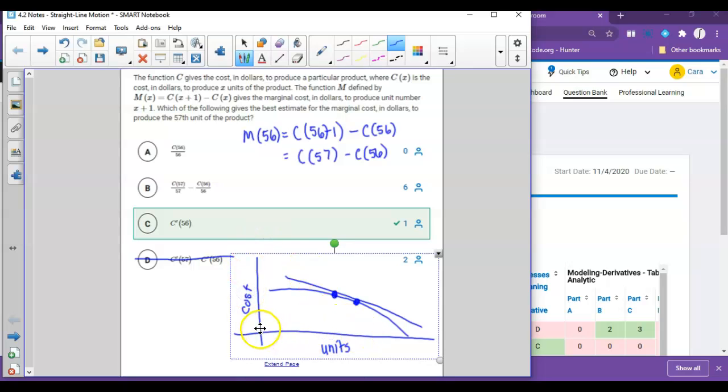So if you take the derivative here, the units for that are going to be cost per unit. So at 56, it'll tell you what the cost per unit is, which will be a good estimate of what the marginal cost would be here. This problem was confusing because of understanding marginal cost. If you still have questions on it, we will look at this in class on Monday if you still need some help on this.